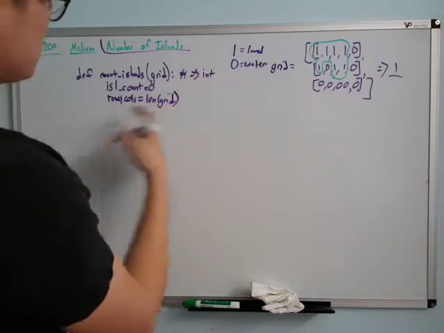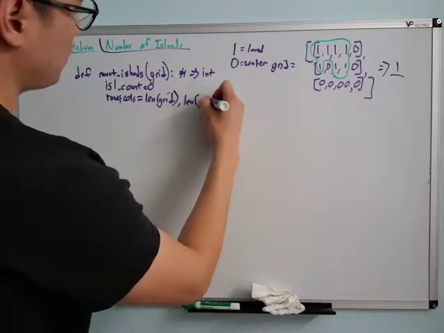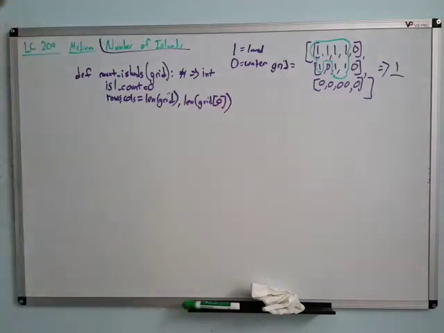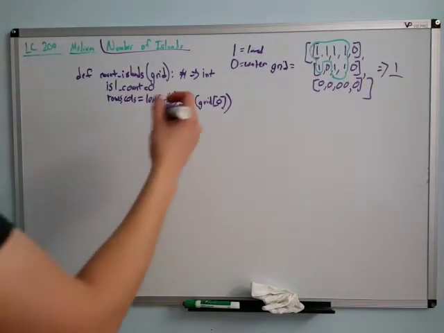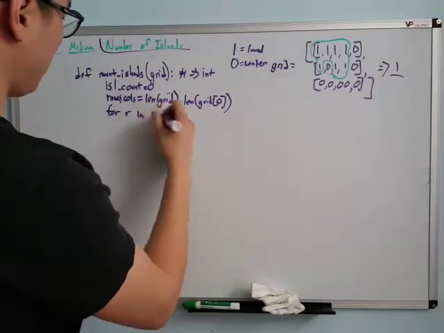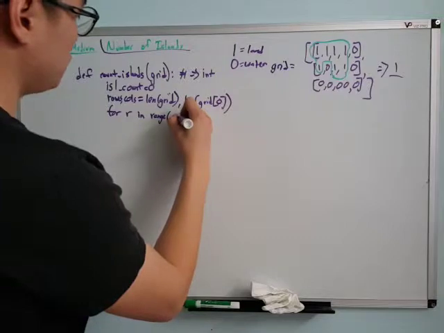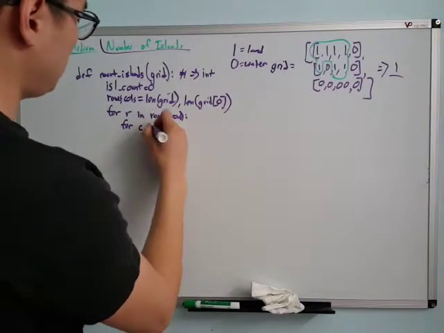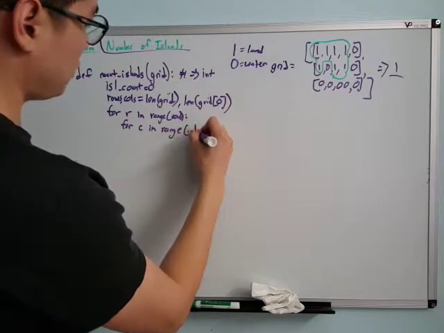This is our rows, and the cols would be the length of the first element in the grid. Then we can iterate through that to get our cells. So we'll go for r in range of rows, for c in range of cols.